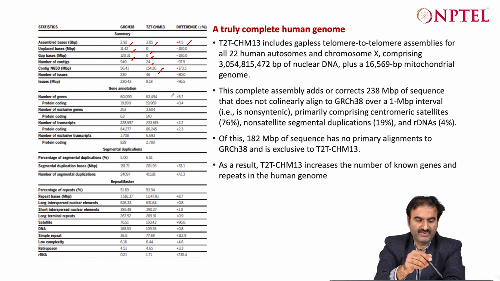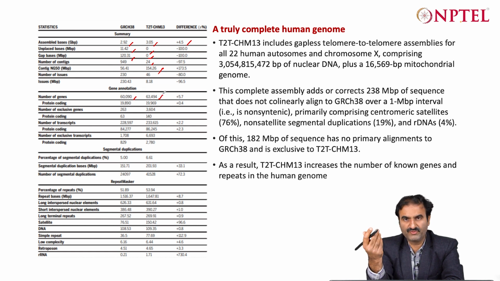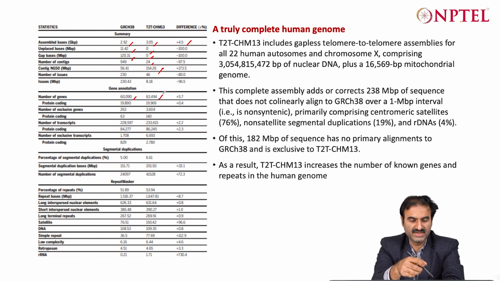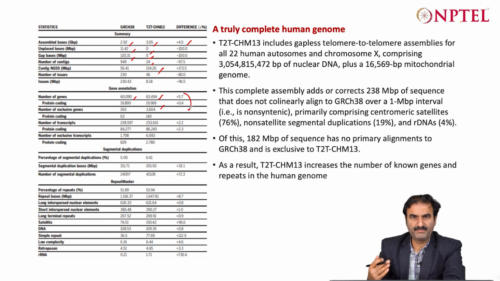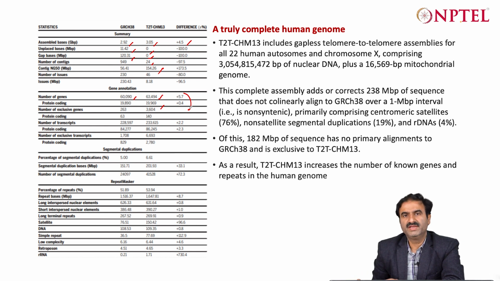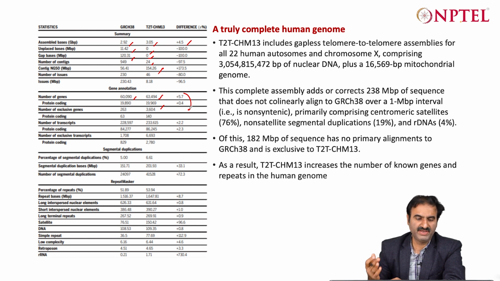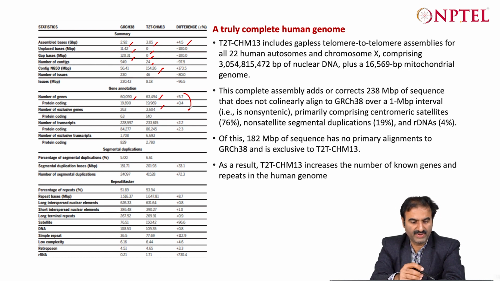In terms of genes, earlier it was 60,090 genes, now it became 63,494 genes, of which almost 19,000 were protein coding. You can see that there is a positive difference, a considerable improvement between the previous and the new assembly. That means a high-quality draft versus a complete chromosome assembly, of which the new protein-coding genes also increased.